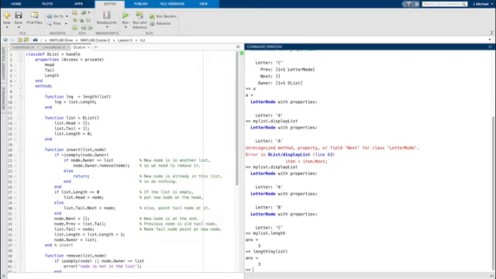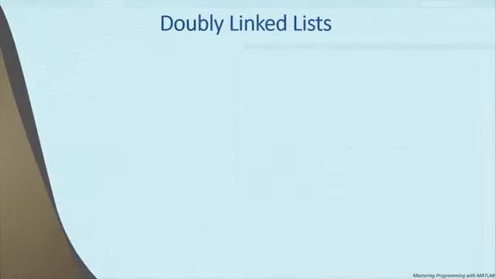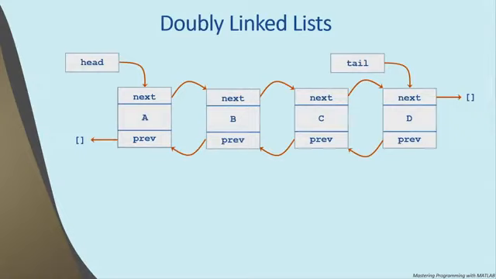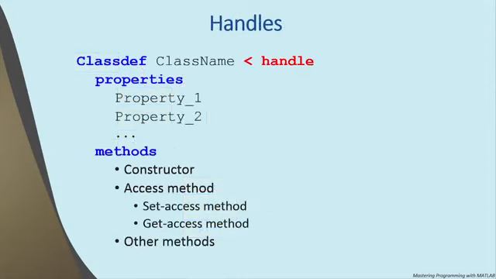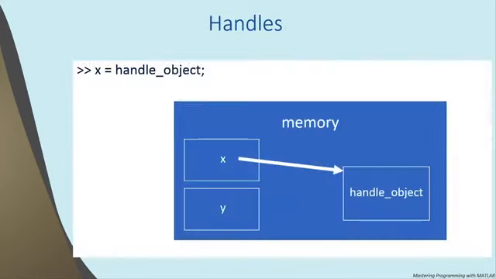Well, there's still room for improvement for our doubly linked list data structures, but we've covered more than enough for one lecture. We've learned about doubly linked lists and that MATLAB's cell data type can't be used to implement them. But then we learned about handles, and handles are a big new deal. Like cells, they can hold pointers to other things, but unlike cells, two handles can point at the same object.